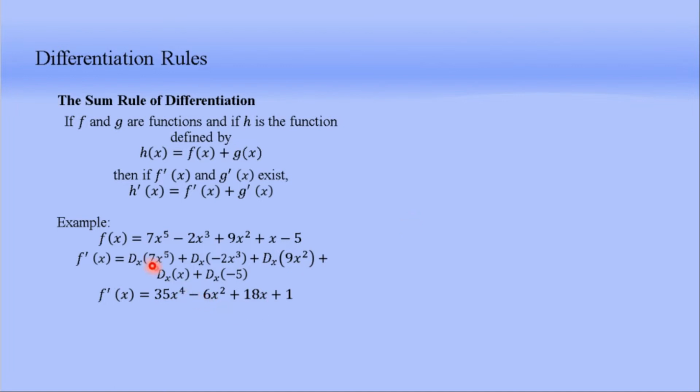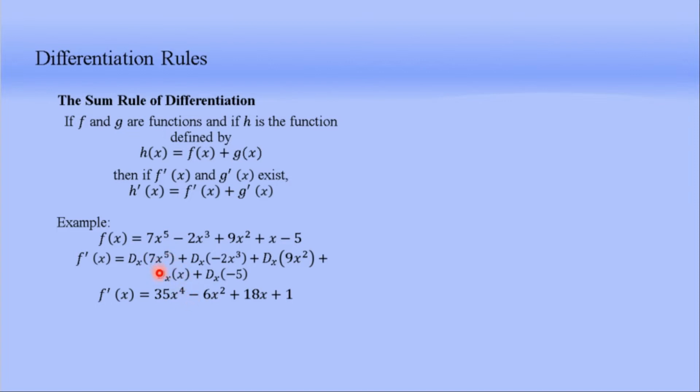And so, the derivative of 7x raised to the fifth power: we're going to utilize the constant multiple rule of differentiation as well as the power rule for positive integers. And so 7 times 5 is 35, and then we're just going to minus 1 from 5, so 4.